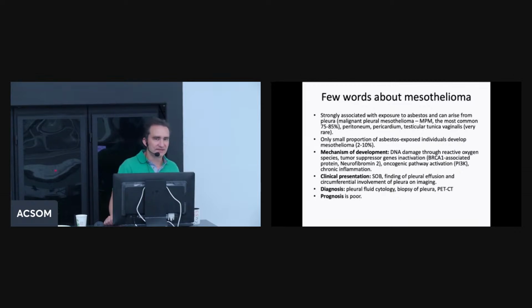So this disease is getting less and less common because exposure to asbestos is not so common these days. And there are different mechanisms of development: DNA damage through reactive oxygen species, tumor suppressor gene inactivation, and oncogenic pathway activation.